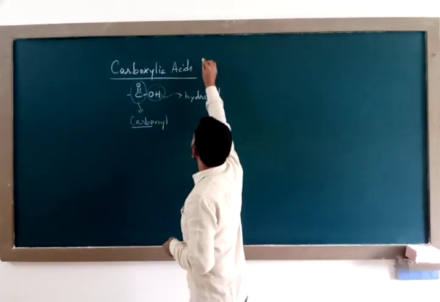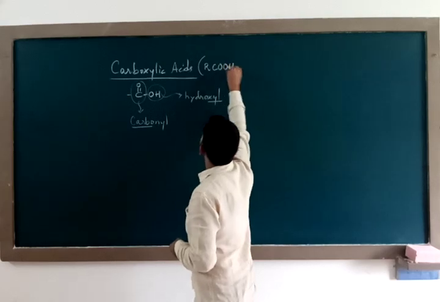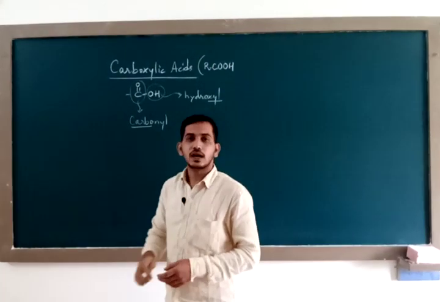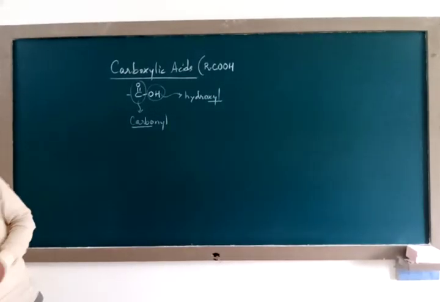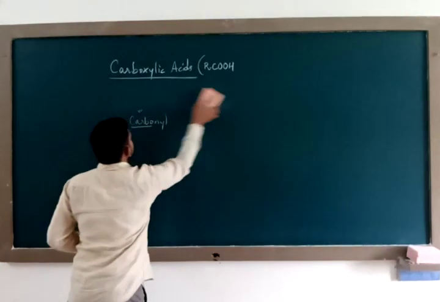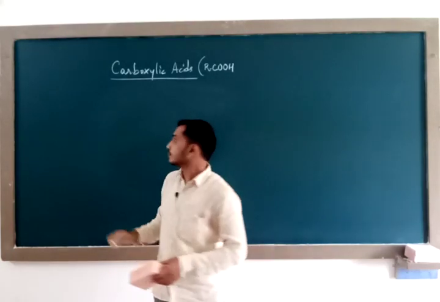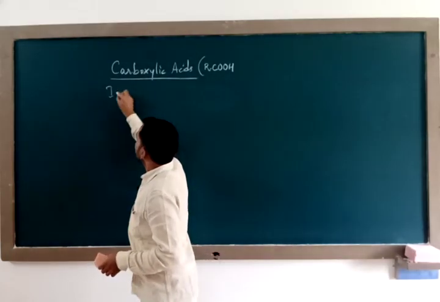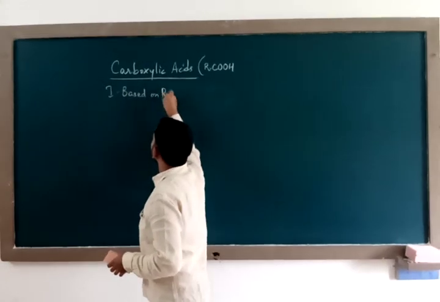Carboxylic acids are represented by the general formula RCOOH, where R is either alkyl group or aryl group. So these carboxylic acids are classified into two types based on nature of R group.